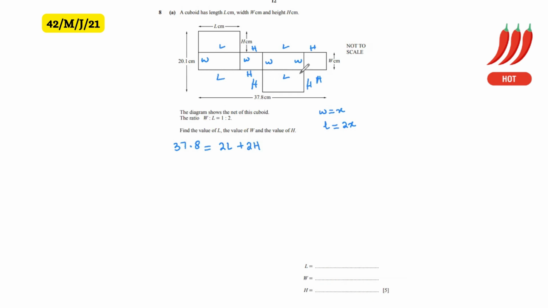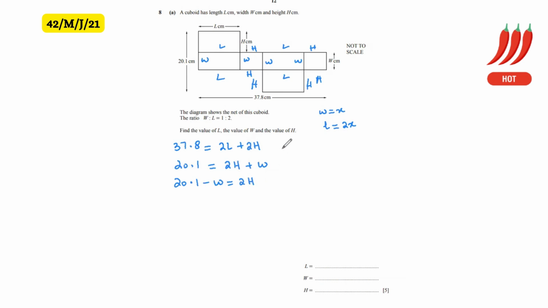This length, height, height. And 20.1 equals to 2 heights and 1 width. So over here, if we make 2H the subject, 20.1 minus W equals to 2H.